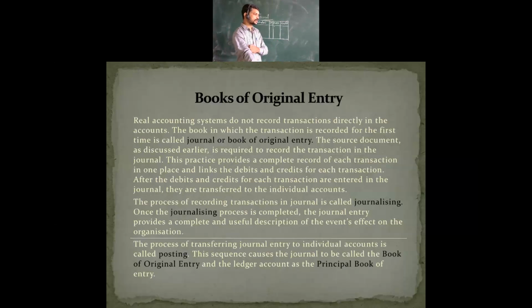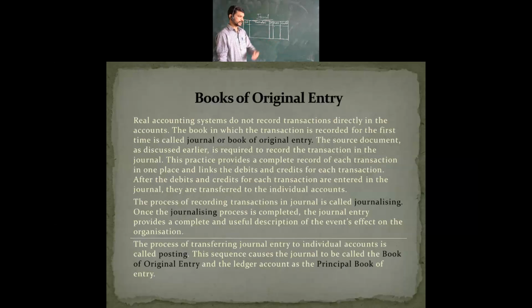See, once the journalizing process is completed, the journal entry provides a complete and useful description of the event's effect on the organization. Once you have all the details from here, how the transactions are recorded, and the narration is given, how it is useful, the complete description is given.